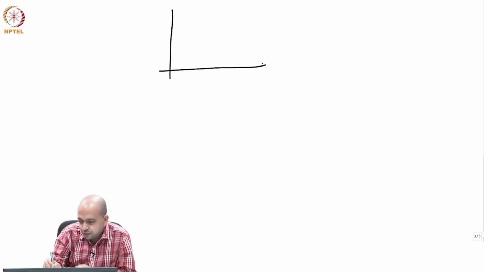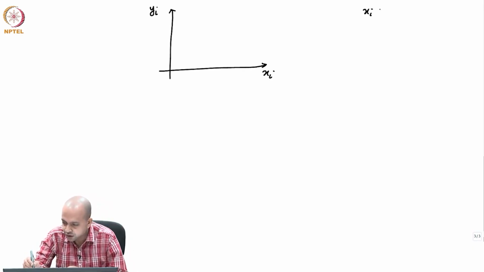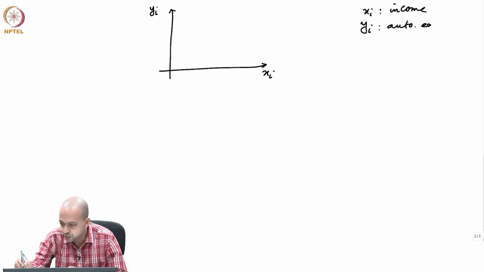So, suppose this is a simple diagram where here it is xi and this is yi. Xi is basically income and yi is basically automobile expenditure, auto expenditure.